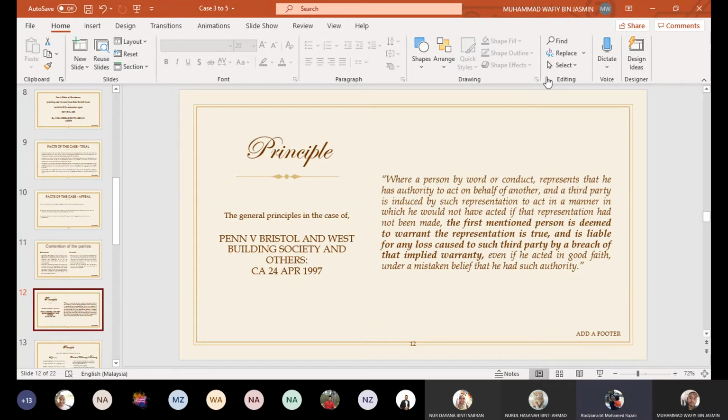So the issue is you have to prove sama ada betul telah bertindak dengan authority ataupun tidak ada authority. Kalau tidak ada authority, ada implication pada klien, apa hak klien tu. Itu adalah salah satu perkara yang you should also discuss. Okay.